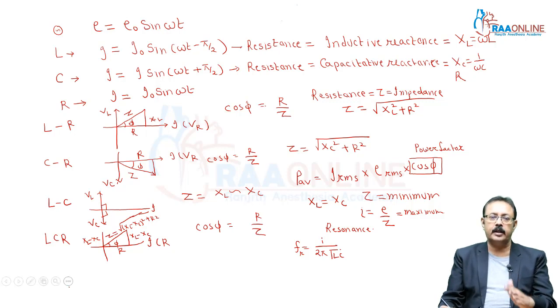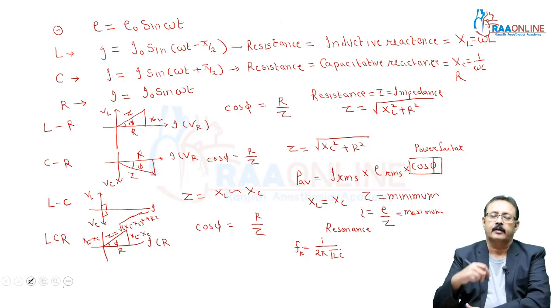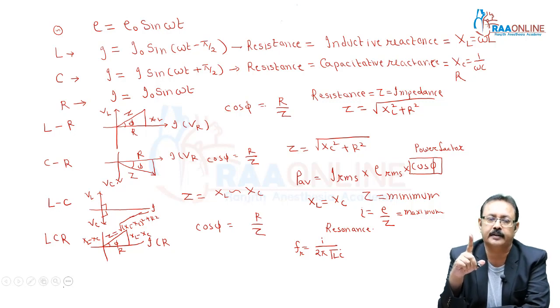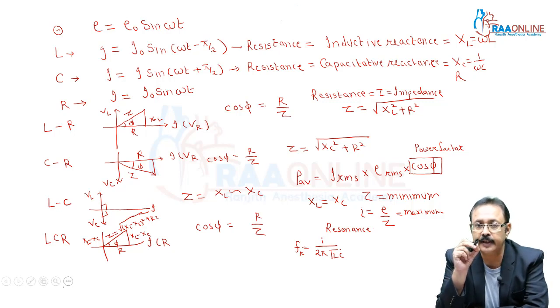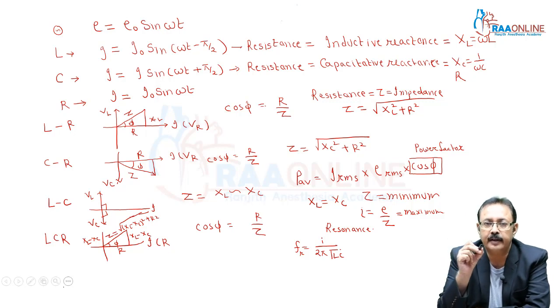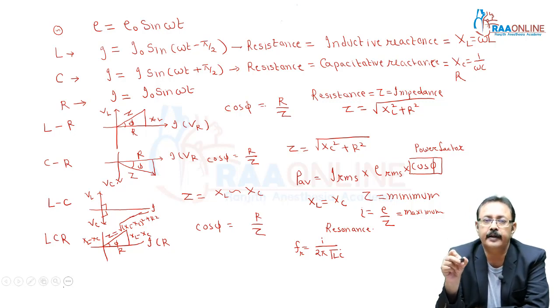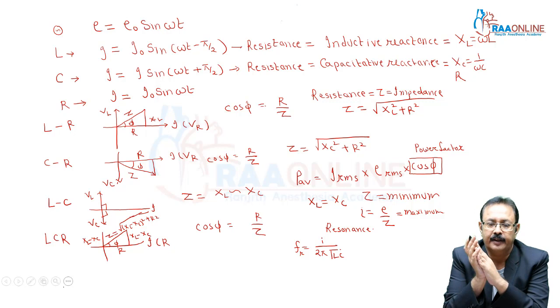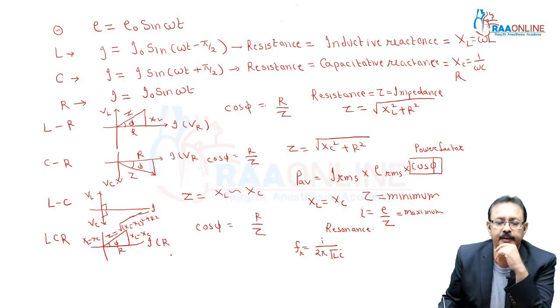What are LC oscillations? We discussed them in electromagnetic waves. When we are using L and C in a circuit, what is happening? Energy is oscillating between capacitor and inductor. When the capacitor is fully charged, whole energy is in the form of electrical energy. And you know what the electrical energy is: Q square upon 2C.